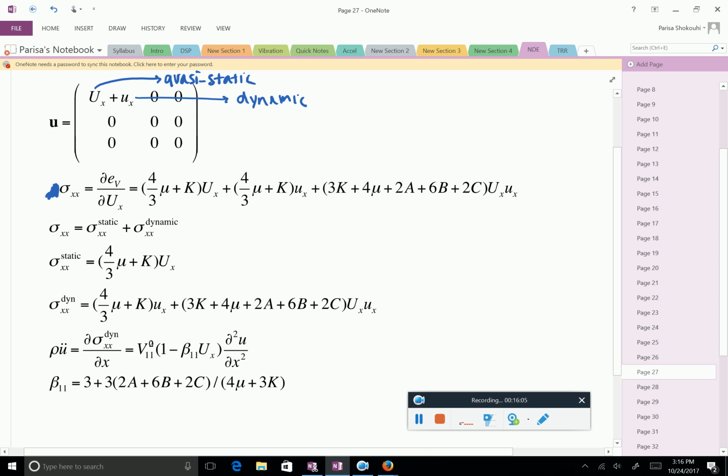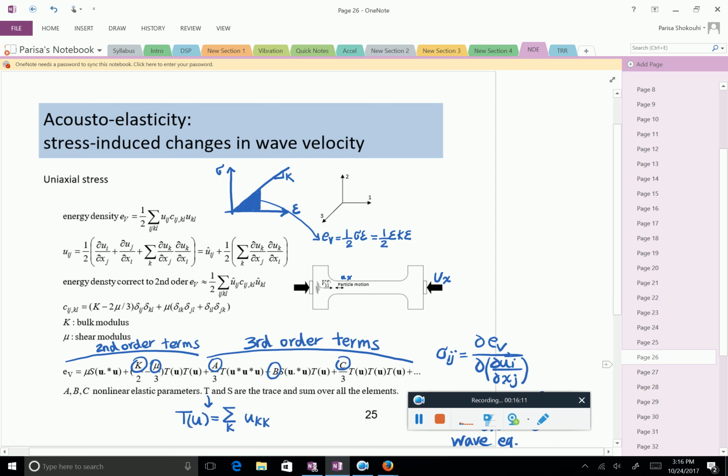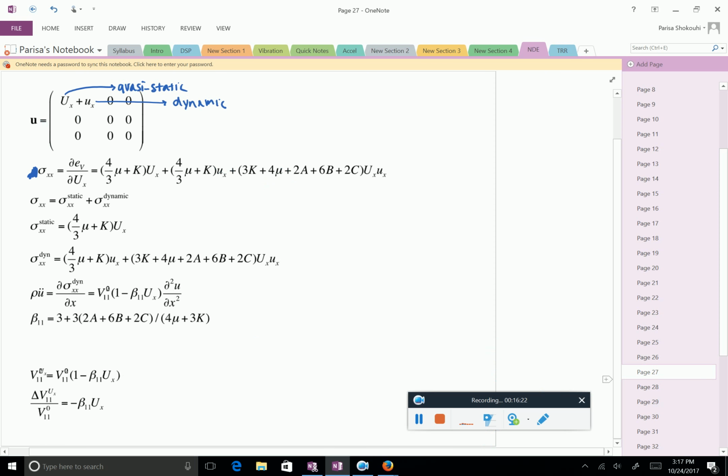And if you take this U and substitute this back in the energy density, you see it's a function of U. If you put that U in and take a derivative with respect to ux or ux, it doesn't matter, U has the same relationship with respect to both, you are going to get this.